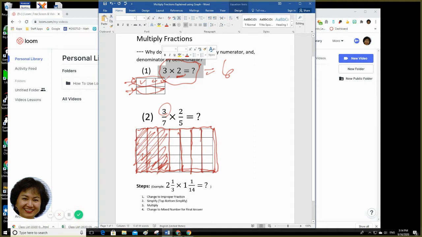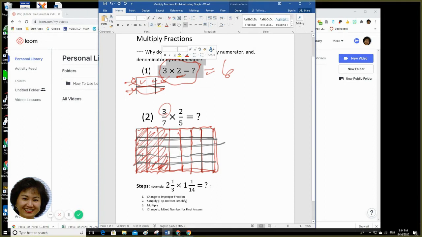Now we are going to cut the same box into 5 horizontal rows. We're cutting it this way: 1, 2, 3, 4, and 5. Now you have 5 equal parts.